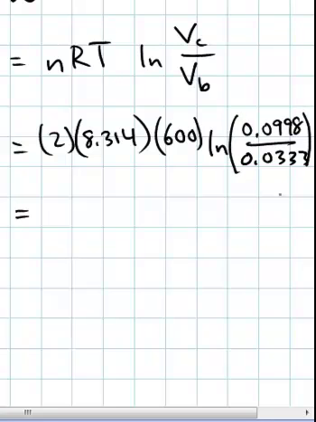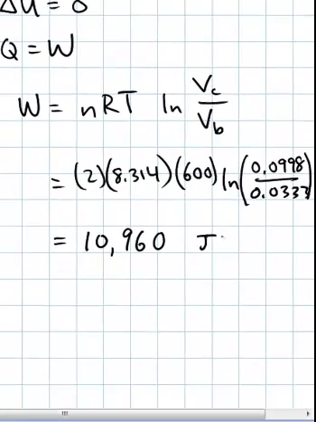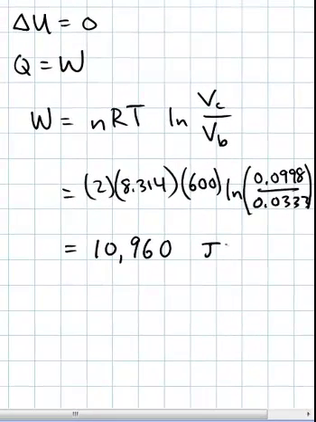That's the natural log of 3, and I get 10,960 joules. Again, I got a positive value for the work done because the gas is expanding. The gas is doing work on the environment.